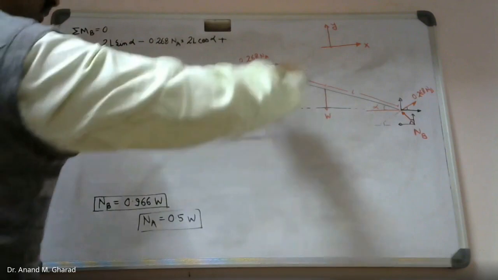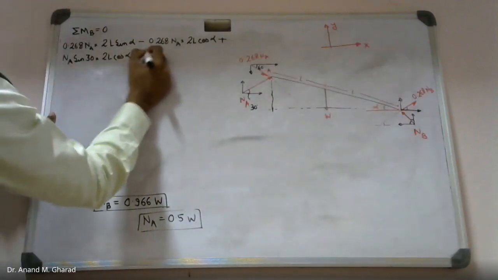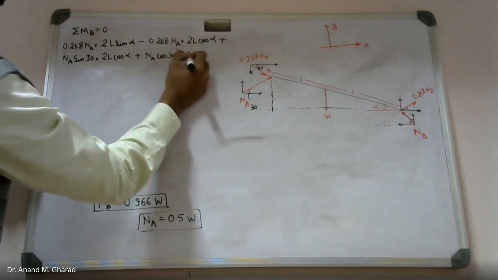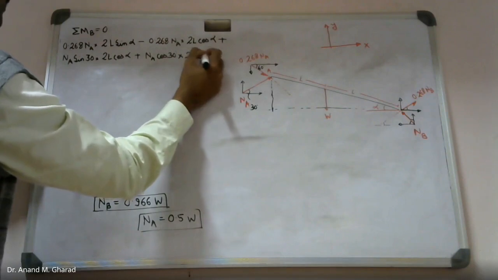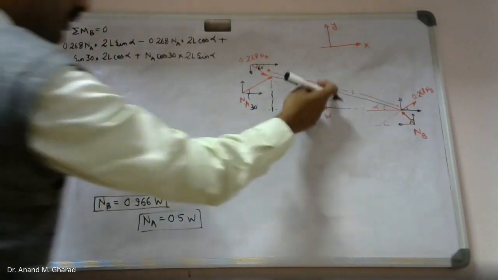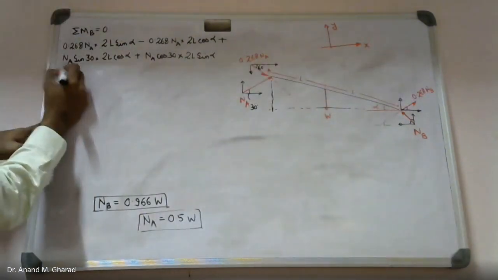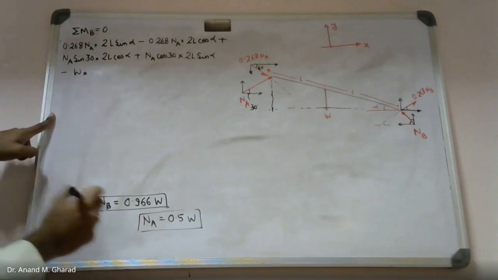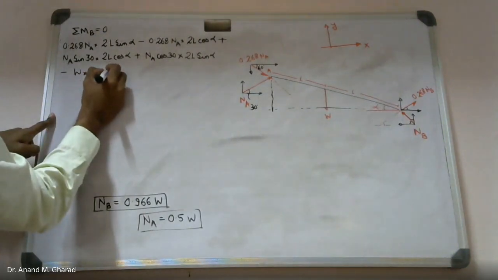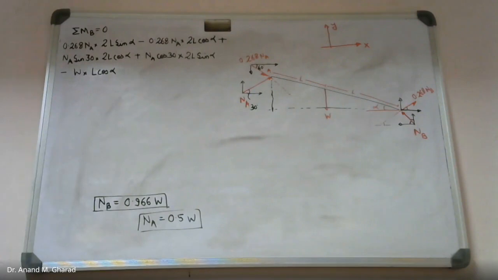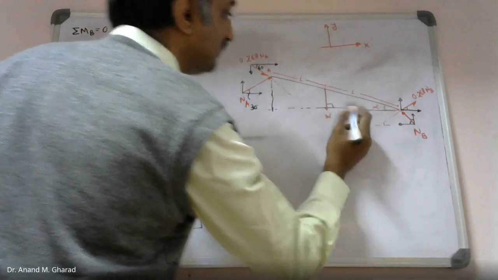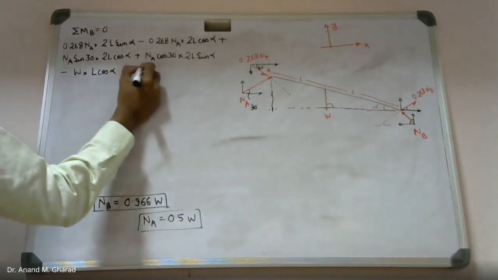Similarly, this will rotate in the clockwise direction. Na cos of 30 into 2L, in this case sine alpha, right? Then there is W. W will rotate about point B in the anti-clockwise direction. So minus W into, what will be the value over here? L cos of alpha. Am I right? Because I'm considering this to be the perpendicular distance. So this is L cos of alpha, equated to 0.